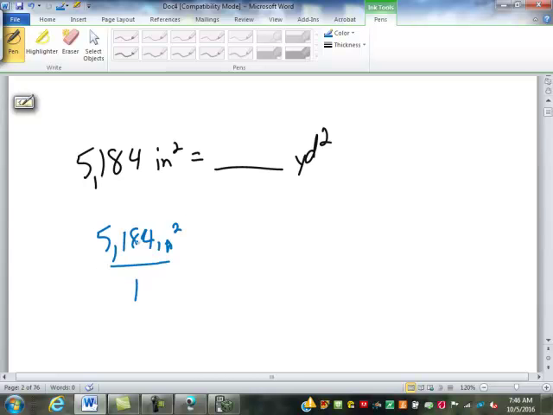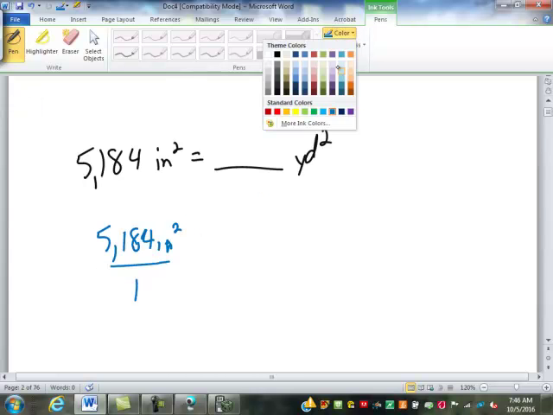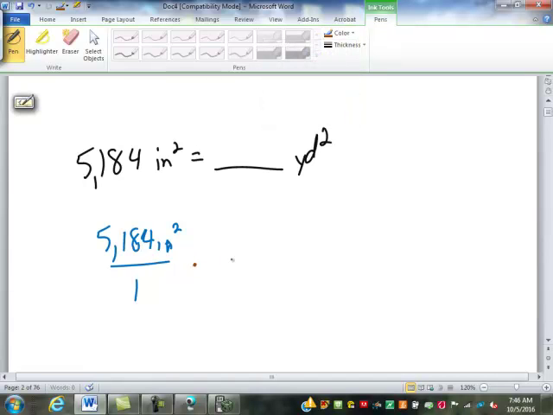And I did this one on purpose because we haven't talked about a conversion from square inches into square yards. We could either find the conversion from square inches into square yards, or we could go from square inches to square feet and then square feet to square yards. Doesn't matter. If I put square feet here, 1 square foot is 144 square inches.